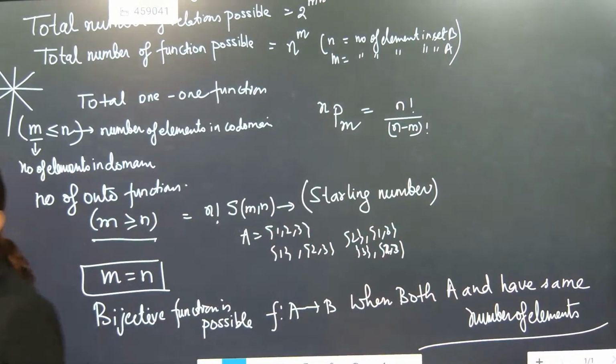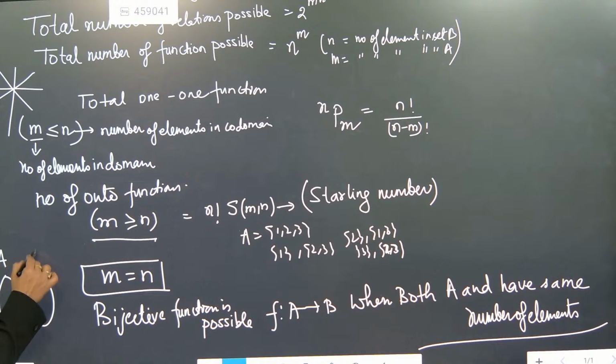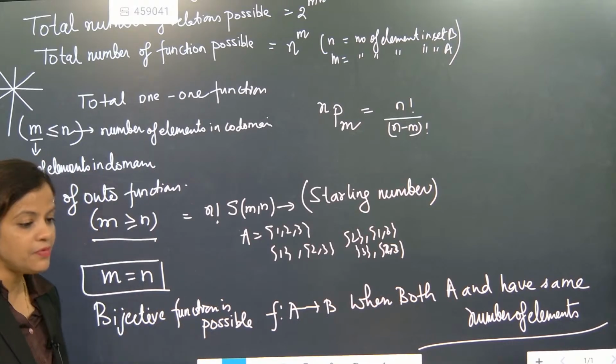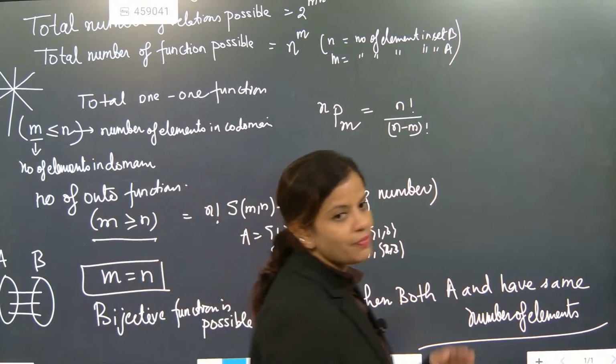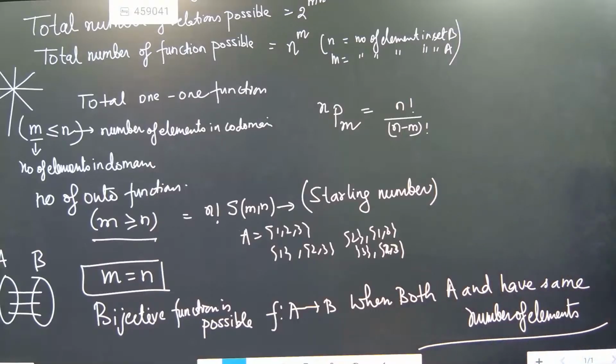Understood or not? Can you check: A and B are there. How many elements are present in A? 3. How many elements are present in B? 3. So when they have the same number of elements, then only a bijective function is possible. Otherwise, a bijective function is not possible.